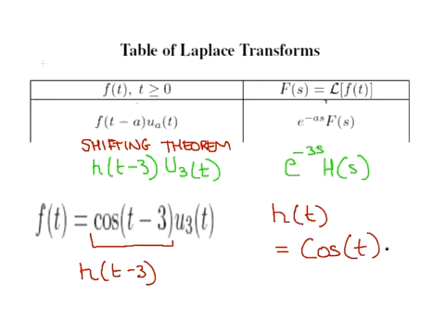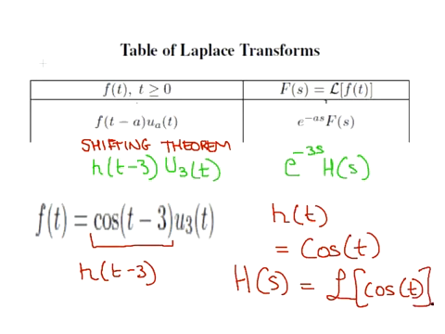Just substitute in the appropriate input, t for t minus 3. So what we have to do is find the Laplace transform of cos of t to give us h of s. So we're going to use another entry in the tables to do that.